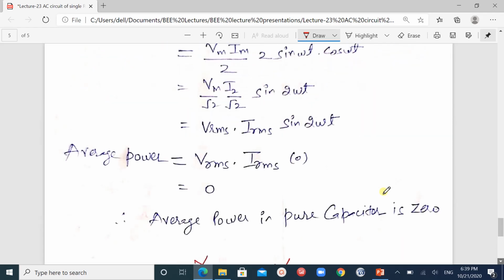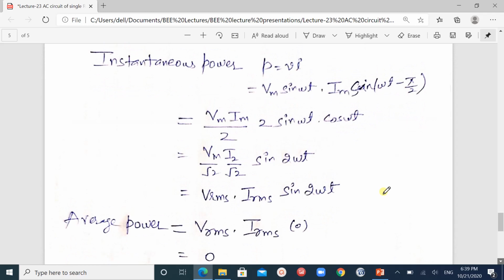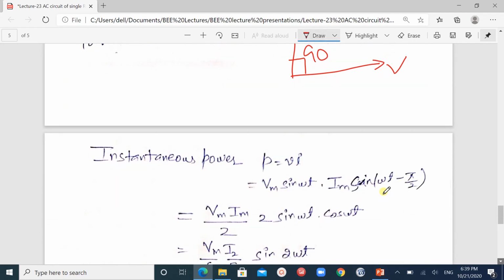Similarly, we find the instantaneous power. Instantaneous power is equal to Vi. We put the value of V and I: Vm sin omega t into Im sin omega t plus pi by 2, plus, because sin omega t is the leading part.